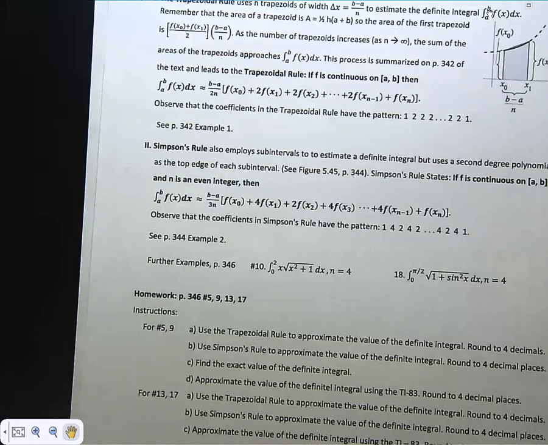So we could do this using 8 rectangles or 12 rectangles or 100 rectangles. And every one of those would be a better approximation than the one before, but it would get so painful that nobody but a calculator or a computer would actually find that area that way.